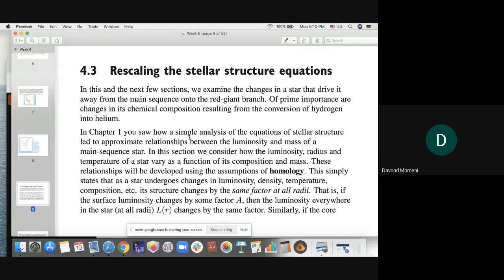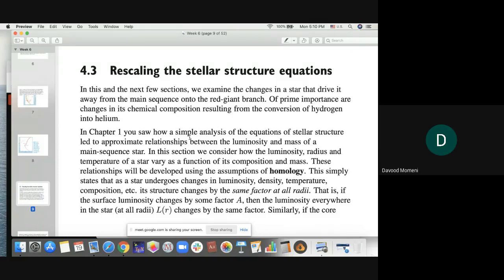Actually, we want to know the change which happens in the chemical composition when the star leaves the main sequence. This is because of the conversion of hydrogen to helium. So we need to use one principle to know the change which has happened to stellar evolution when they move from the main sequence to red giants.